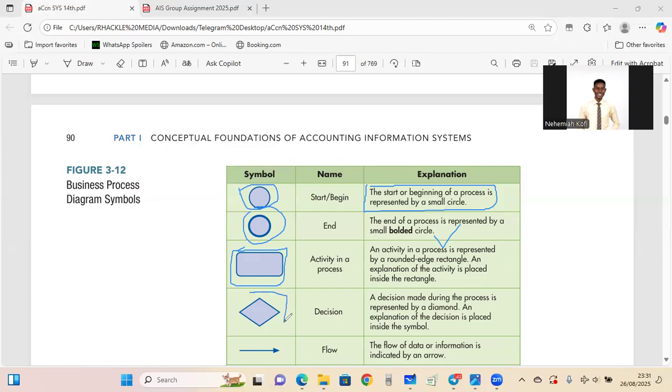Now, this is a decision. In some books, they say that it's the gateway. So now, if you are coming to the canteen to buy food, right? Now, one decision you are going to make is that you are going to ask yourself, do you have money?